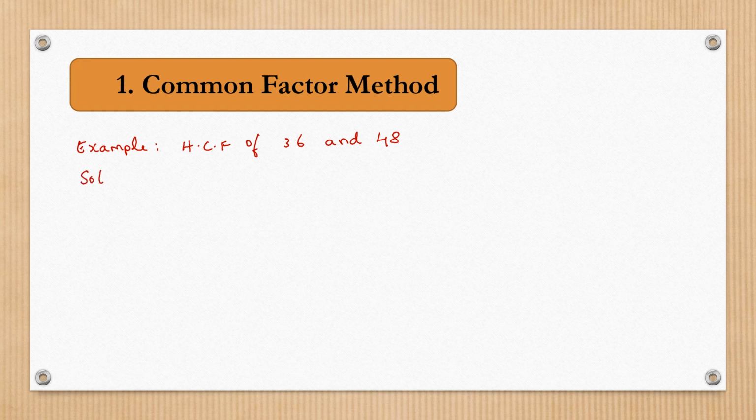Let's begin writing the solution. Step 1 of the common factor method is to find the factors of 36 and 48. What is the meaning of factor? We should find the numbers which will completely divide 36 as well as 48.